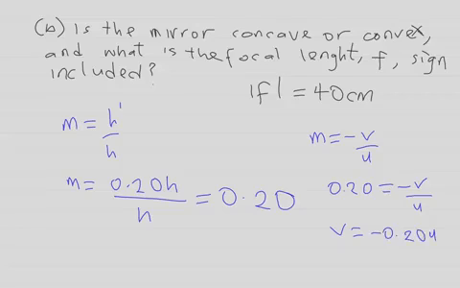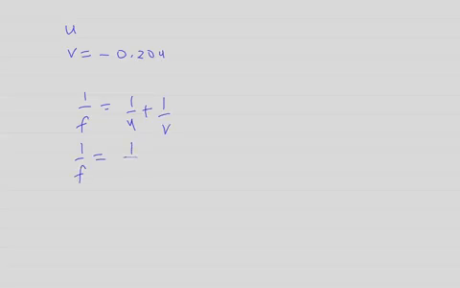So from here, we know u, the object distance, we know v to be equal to minus 0.20 u. Now 1 over f is equal to 1 over u plus 1 over v. So 1 over f is equal to 1 over u plus 1 over minus 0.20 u.